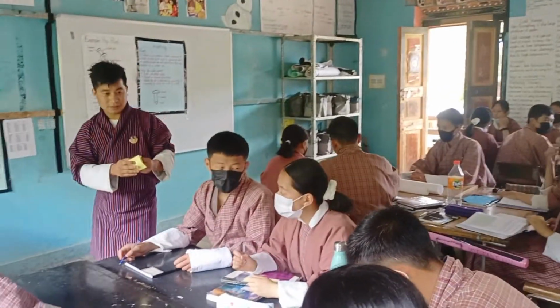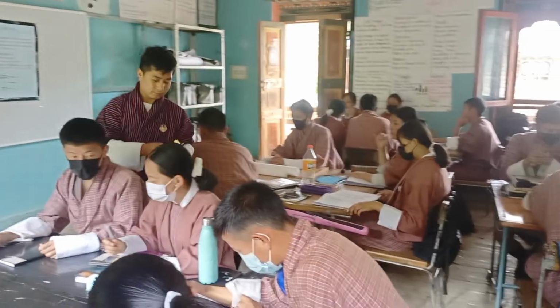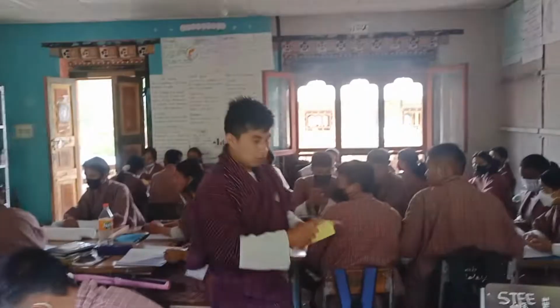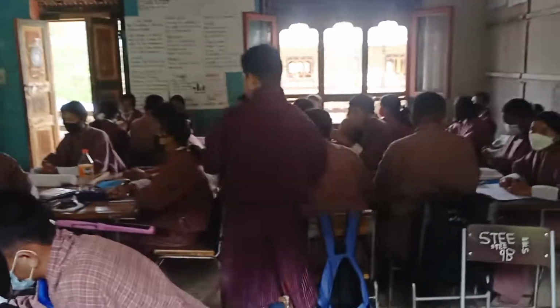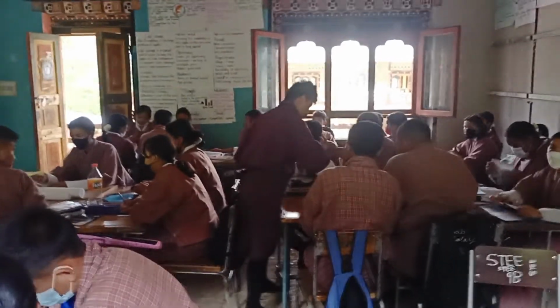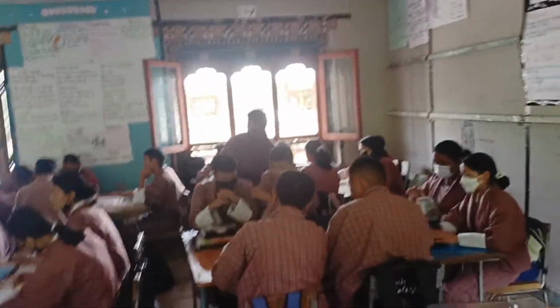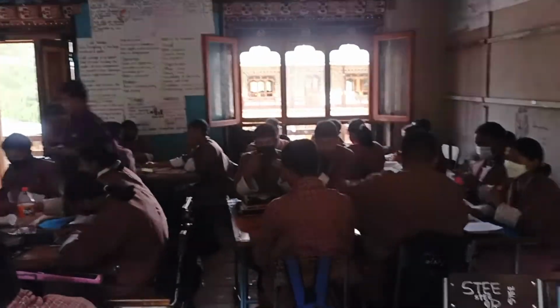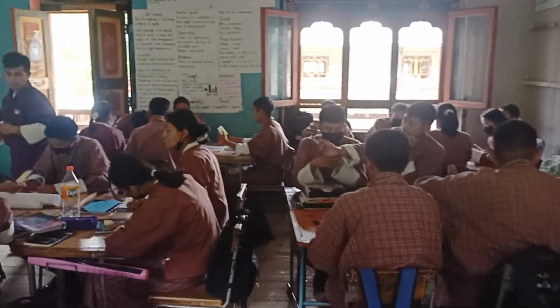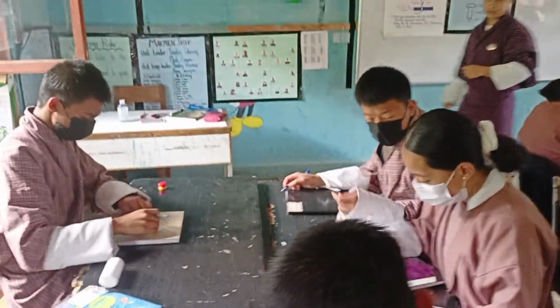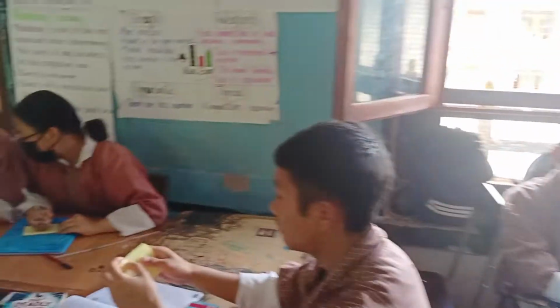Now your time starts. You write down what you have learned from today's class. Today in class we have learned about thermal expansion, types of thermal expansion and the application of thermal expansion on a solid.